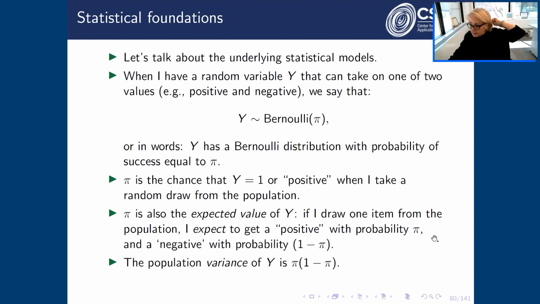I expect that when I draw one of those values, I am going to get a positive with probability pi, and I'm going to get a negative with probability 1 minus pi. It turns out that the population variance is pi times 1 minus pi. We're not going to go into deriving these things, but the expectation or the mean is pi, and the variance of Y is pi times 1 minus pi. These are all population parameters.